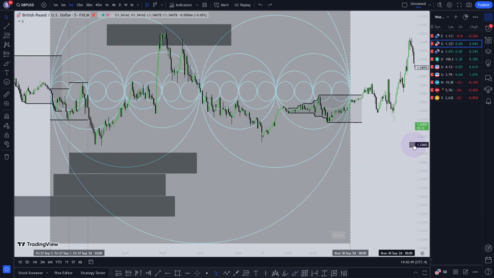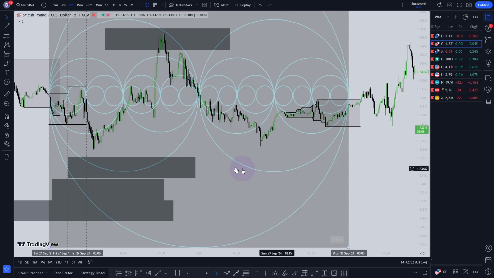First, the high and low of 1:30. What is closest to midnight? This high is really close to midnight, so we're not going to use that high. We're going to use this low and place it so it matches the low of this circle right here. So let's do that.